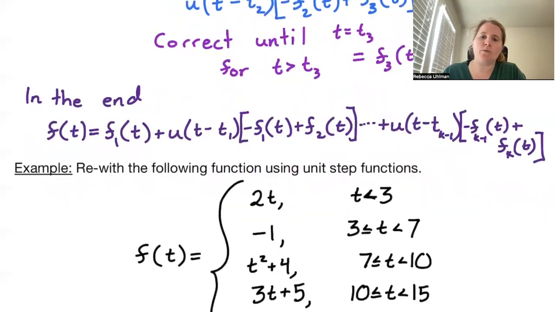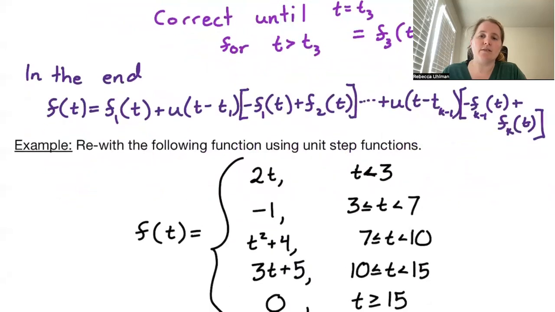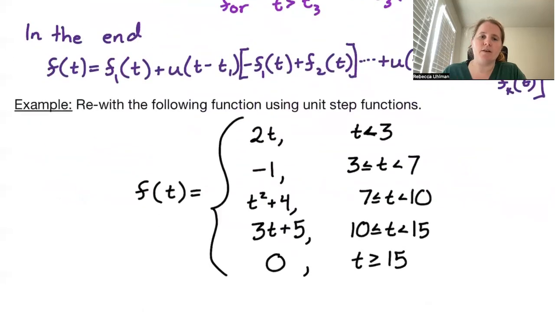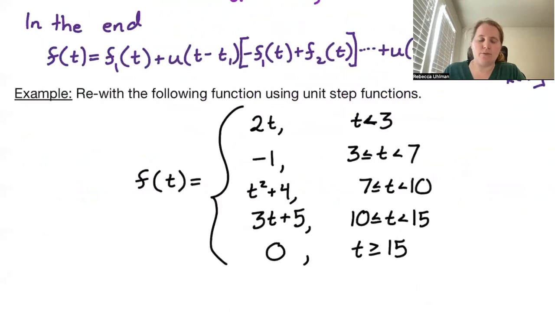I'm going to work with an example so we can see this process in practice. So let's go ahead and, that should not say re-with, that should say rewrite the following function using unit step functions. So f of t starts off as 2t for t less than 3.